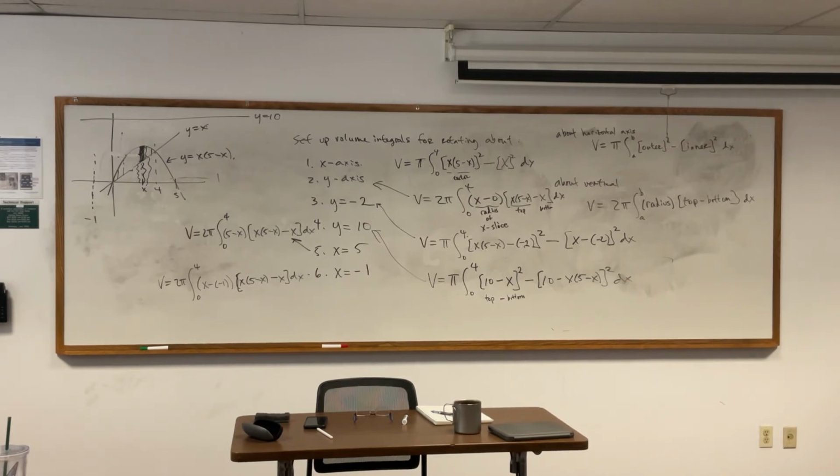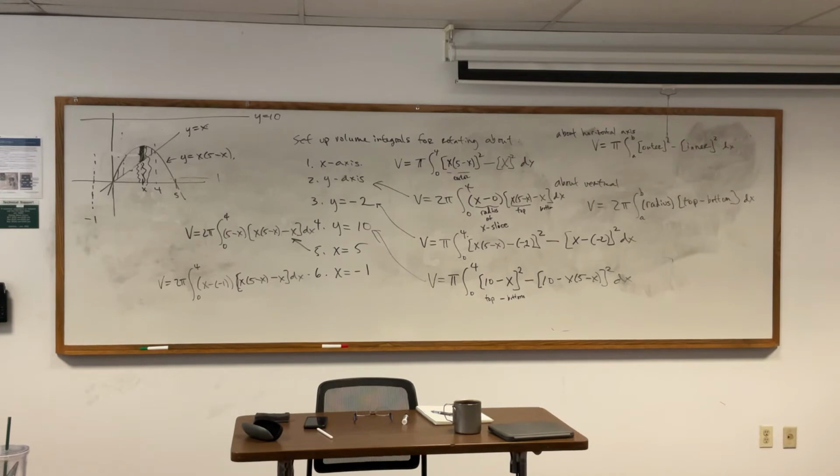So this thing inside here should be, wait, we're on this one, thank you. Yeah, so this should be x times 5 minus x minus x, okay? I think we're changing.